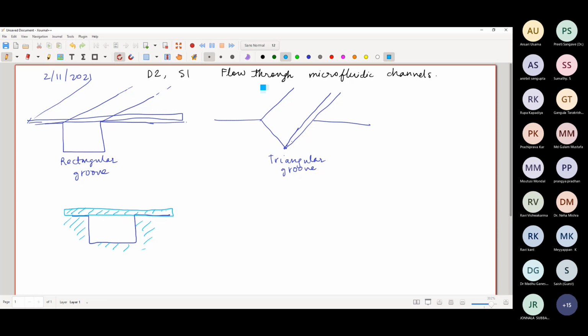Similarly, there is a triangular groove and there is a glass on the top. You bond the glass. And now when you have a flow, the flow will actually take place through these conduits, through these particular cavities that we have created using fabrication.